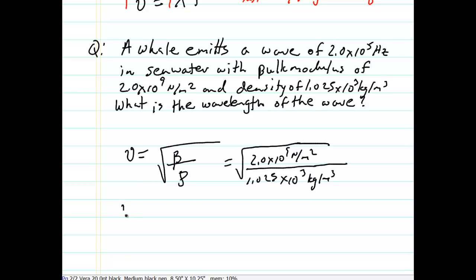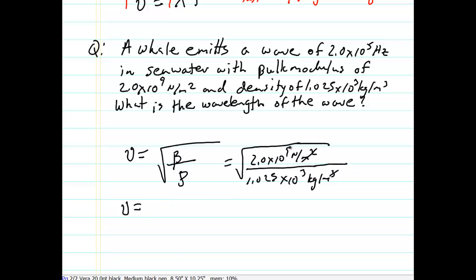If you do the dimensional analysis, Newton is a kilogram meter per second squared. So this will kill all but one of those meters. The kilograms will cancel, and you'll be left with meters squared per second squared. Take the square root, you get meters per second.